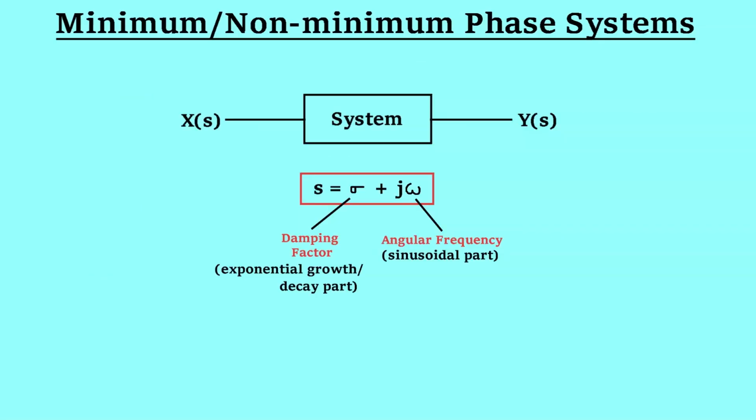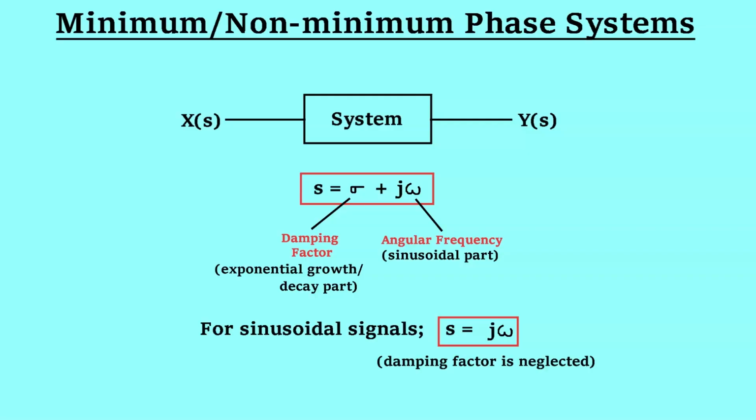And the very important point is, we deal with systems whose inputs can be either increasing or decreasing time functions. But there is another very important category of signals which we analyze, which are referred to as sinusoidal signals. The point which you have to particularly keep in mind is that when we have sinusoidal inputs, we neglect the damping factor in the substitution of the complex variable s, which gives us s is equal to j omega.